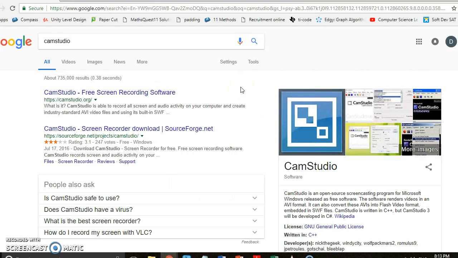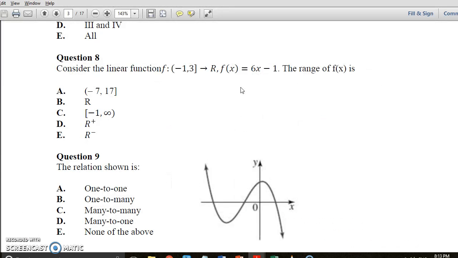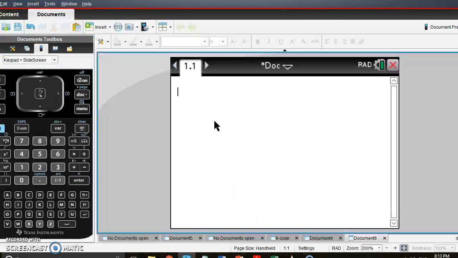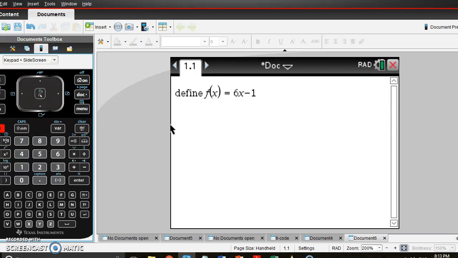So what we're going to do is, whoops, wrong one. Where is Cas? There it is. So we're going to say define f of x equals 6x minus 1, and then we do given. Now, can I make that bigger? No. So I've got to use the thing above equals, so that's control and equals.